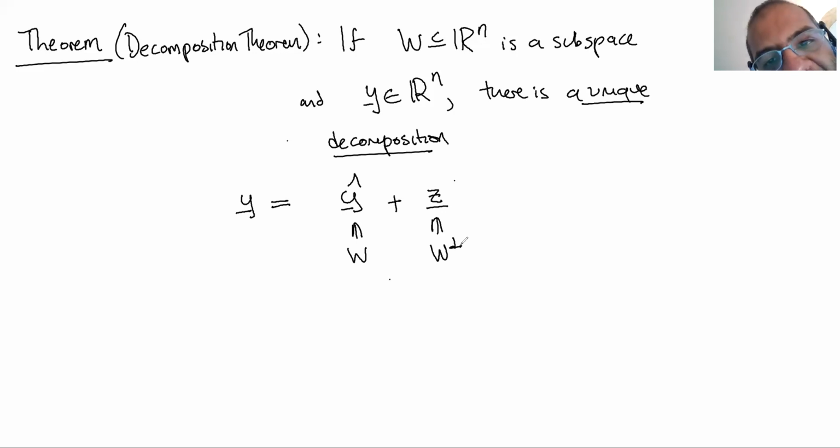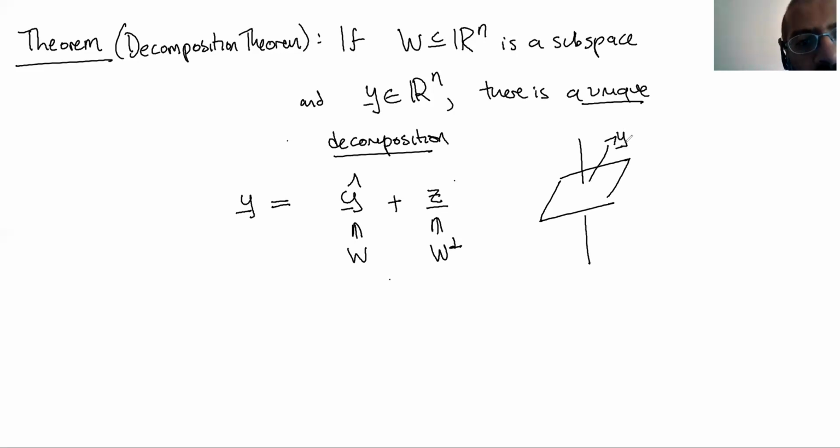So this is the statement. Given any subspace W and some vector y, there is a unique decomposition into this y hat vector and some z vector, where y hat lives in W and z lives in W perp. That's just a statement about existence of a unique decomposition.